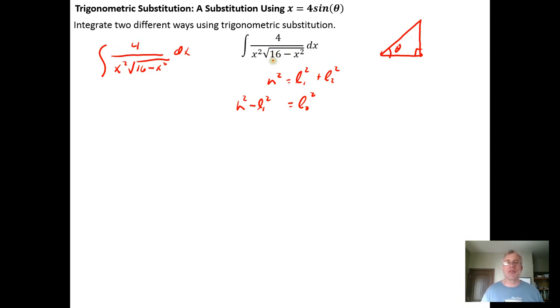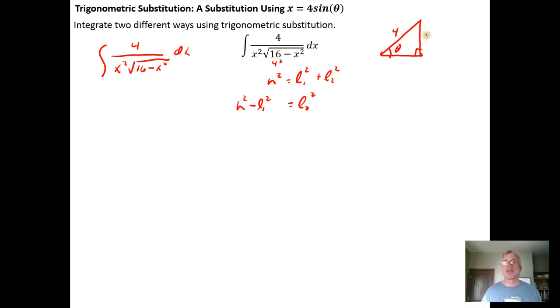Here a difference of two squares indicates that 4 squared, which is 16, means 4 is going to be the hypotenuse of my right triangle, and that x, the other value being squared, is going to be one of the two legs. I get to choose which leg I assign it to. Because we have the form hypotenuse squared minus leg squared, the hypotenuse is 4.